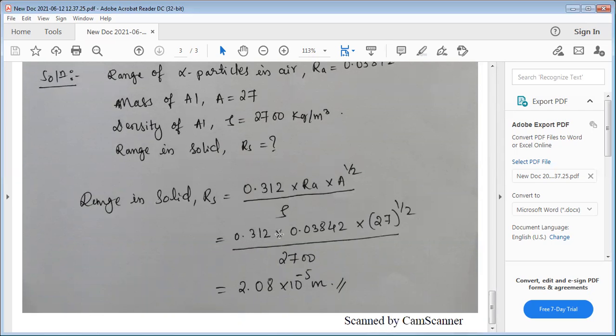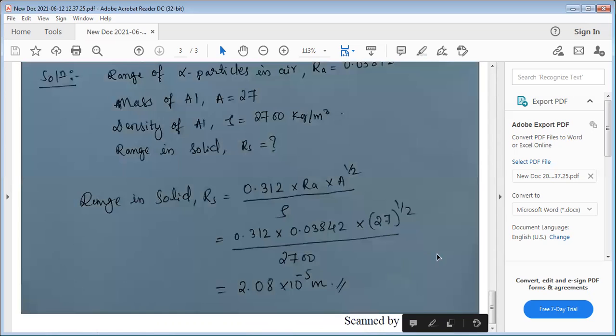So it is equal to 0.312 into the range in air, which is this much, and this is the mass number of the solid, and this is the density of the solid. Simplify this, and this gives out to be 2.08 into 10 to the power minus 5 meter. So this is the range of the alpha particle in the aluminum.